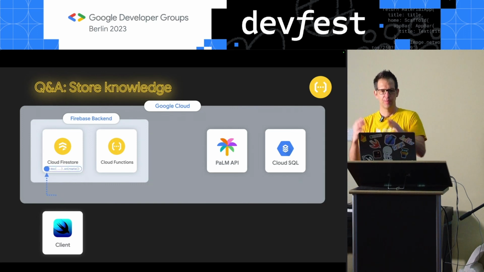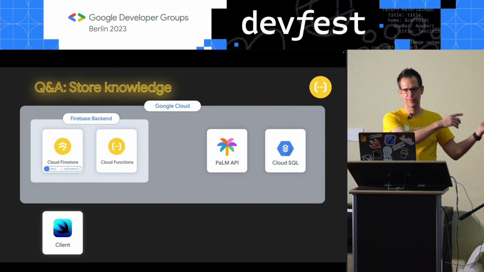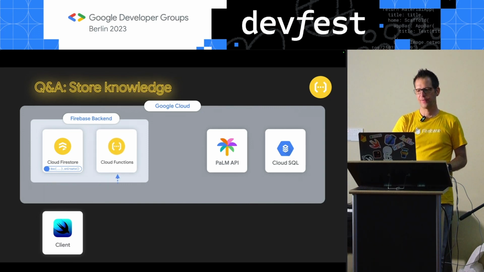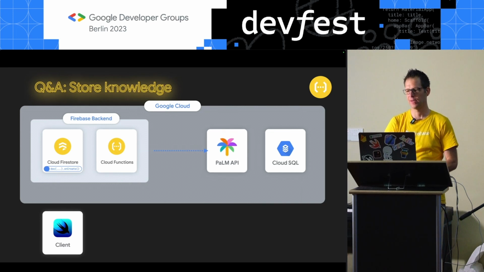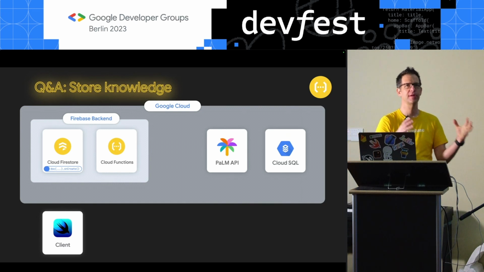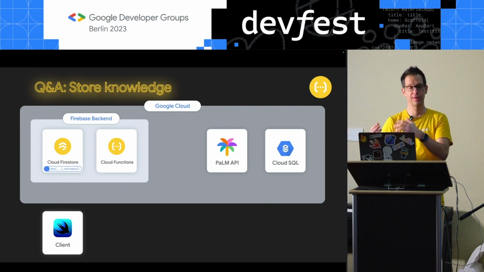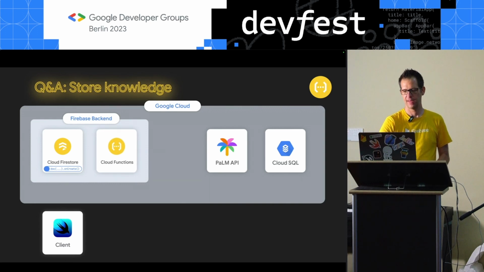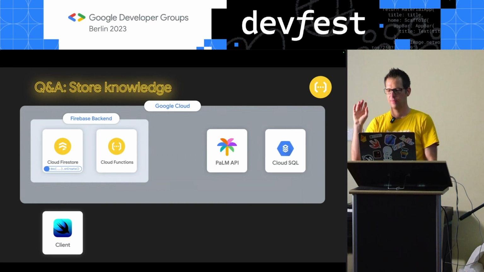So when I store a document into Firestore, I will have a function which goes off, talks to the PaLM API and says, hey, here is a document. Can you please compute vector embeddings for this document? And then give them back to me, and the function will take those vector embeddings and store them in the Postgres database with pgvector.